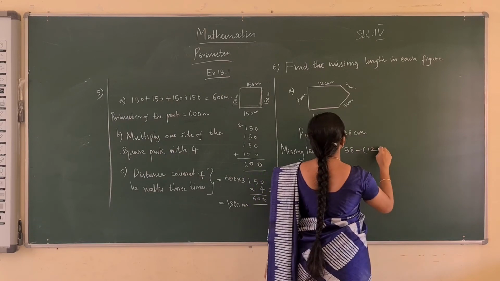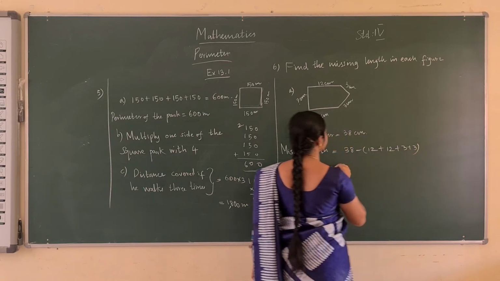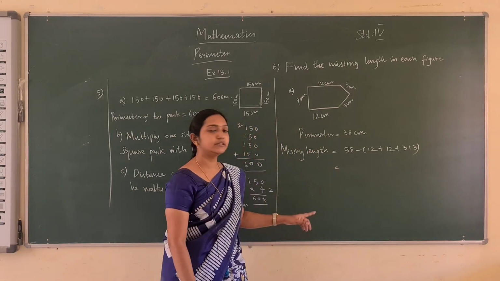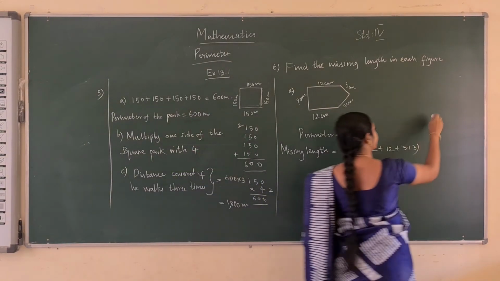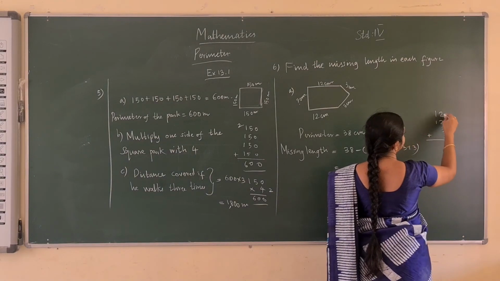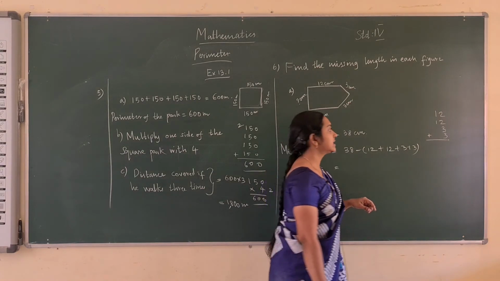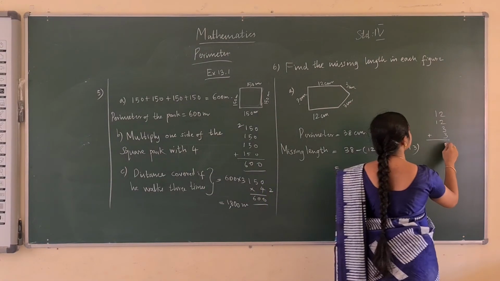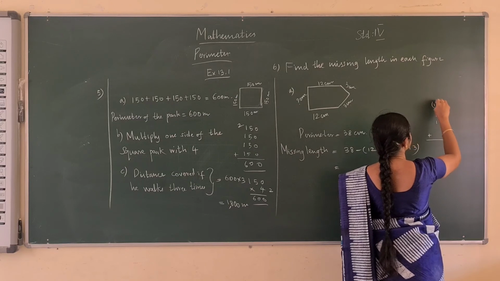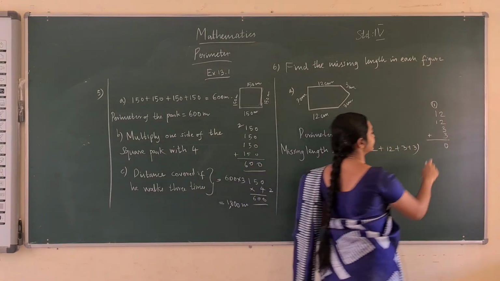38 minus 12 plus 12 plus 3 plus 3. First add 12, 12, 3, 3. 2 plus 2 is 4. 4 plus 3 is 7. 7 plus 3 is 10. 1 is carried to the next place. 1 plus 1 plus 1 is 3.